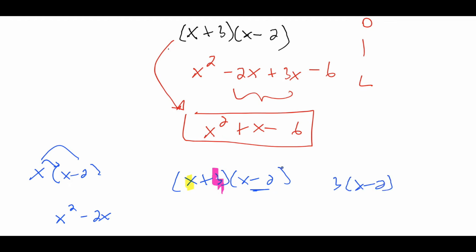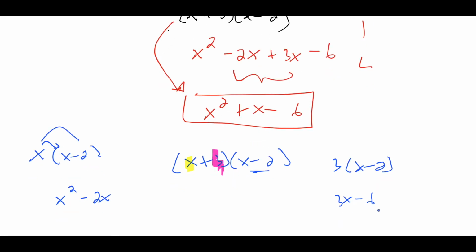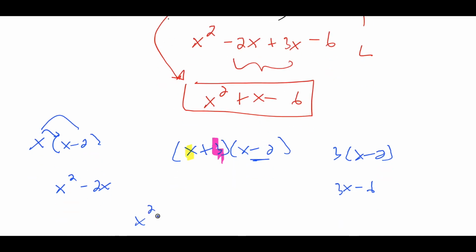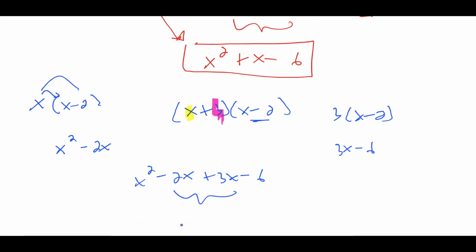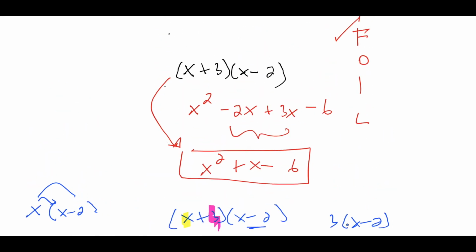What would you get? 3x minus 6. Okay, and we put them together. So you have x squared minus 2x plus 3x minus 6. And what do you end up with? You get the same thing we did before. So FOIL is the same thing, it's just like double distribution. But you have to know how to FOIL on the test.